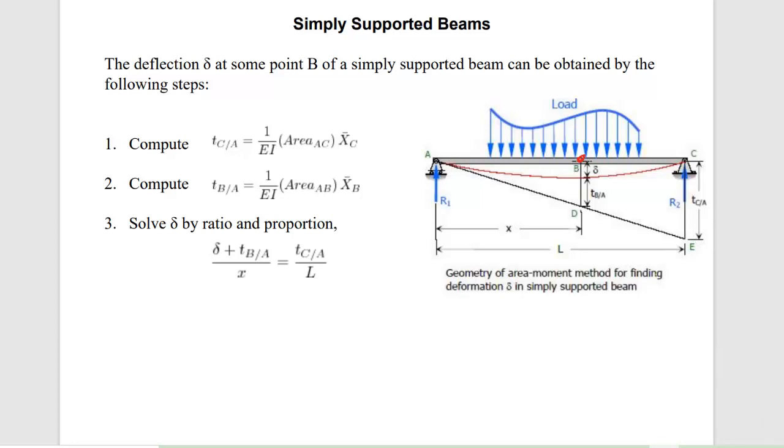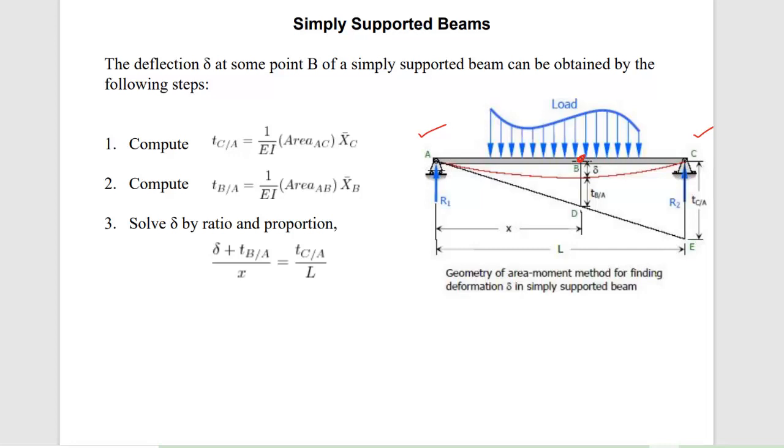If you want to find point B deflection, or the beam deflection at point B, that is del B, whatever you like to say, we can do this simple technique. First of all, we can compute the value of TC by A. If this is A, this is B and this is C, we can calculate the TC by A. Okay.